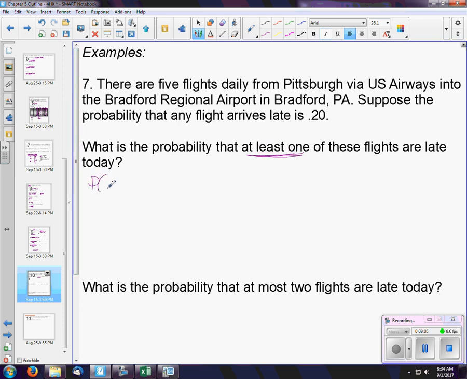What's the probability that x is at least, denoted greater than or equal to 1? That means the probability of one flight being late, or 2 flights, or 3 flights, or 4 flights, or even 5 flights.